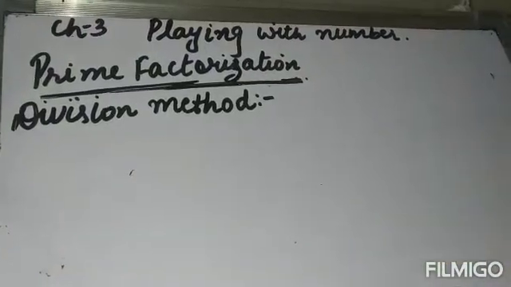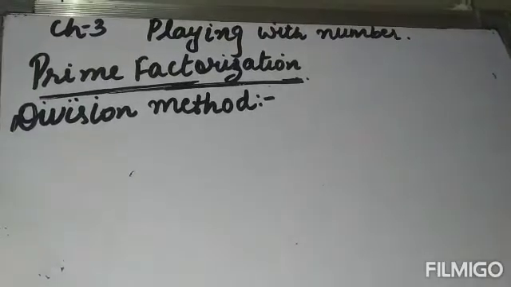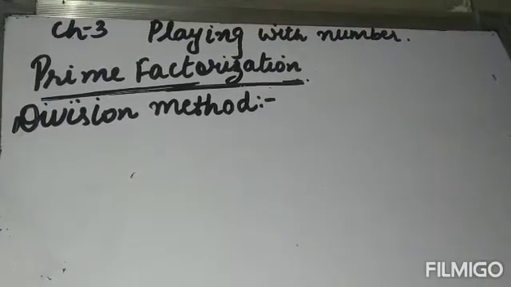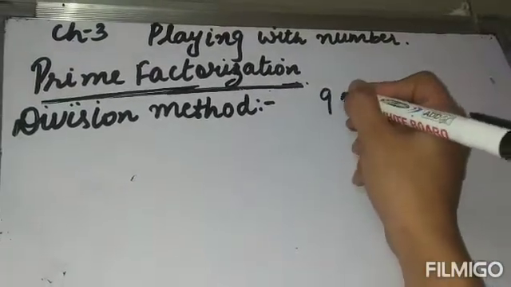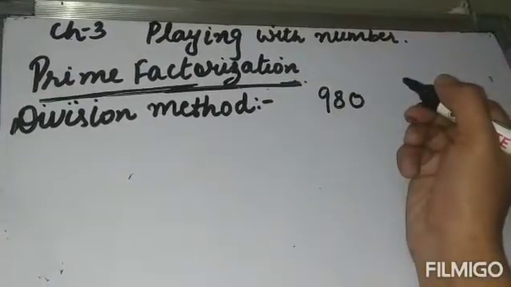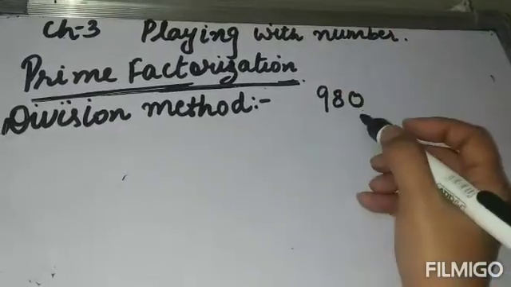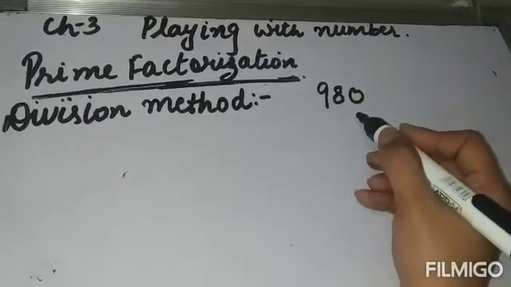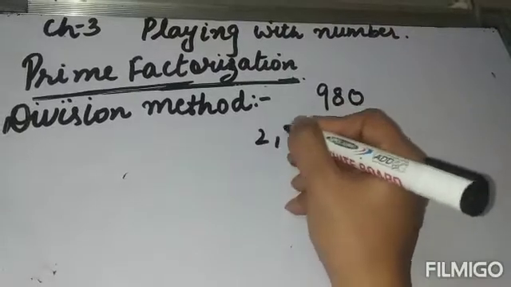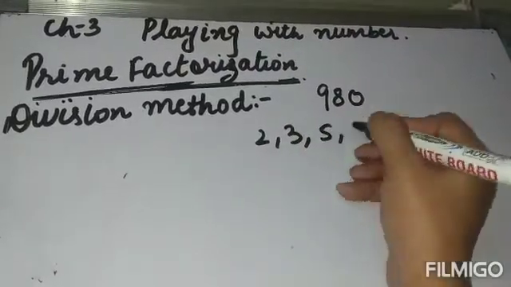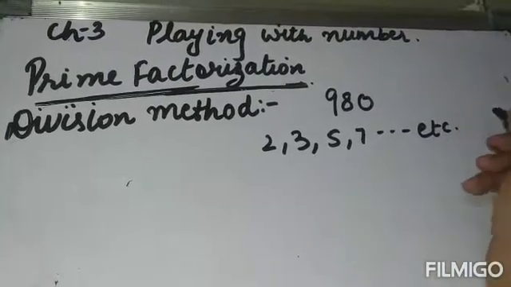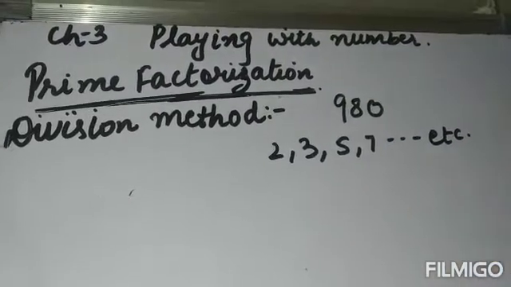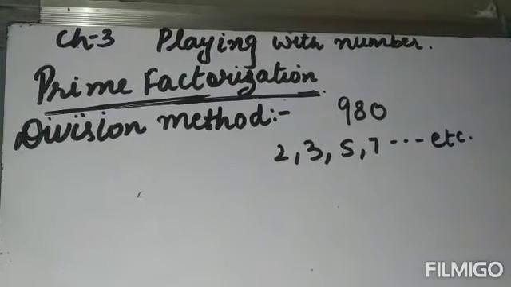The second method to find the prime factorization is the division method. I will explain with an example. Suppose I have to find the prime factorization of 980. We divide 980 by 2, 3, 5, 7, and so on, all the prime numbers, in this order, so long as the quotient is divisible by that number.